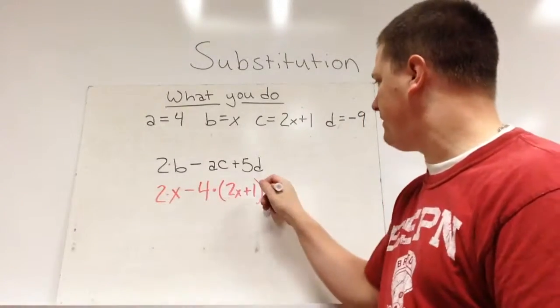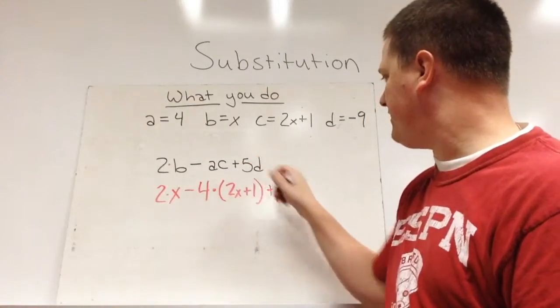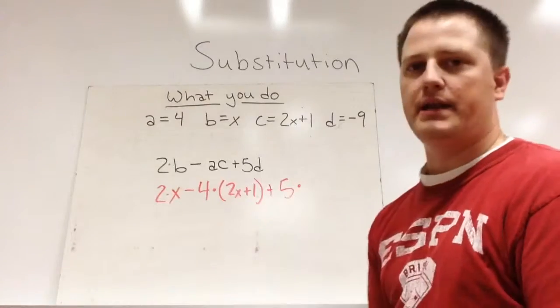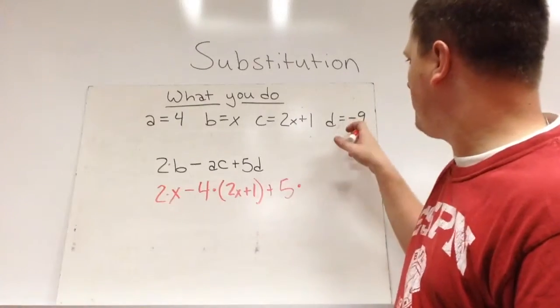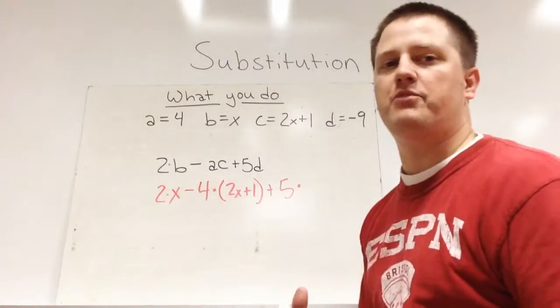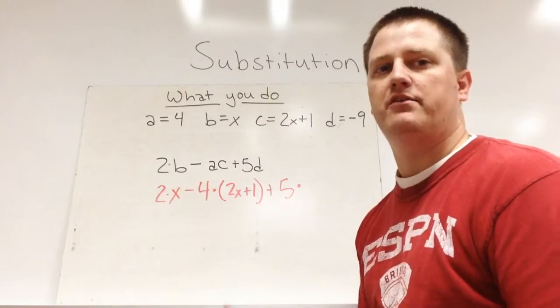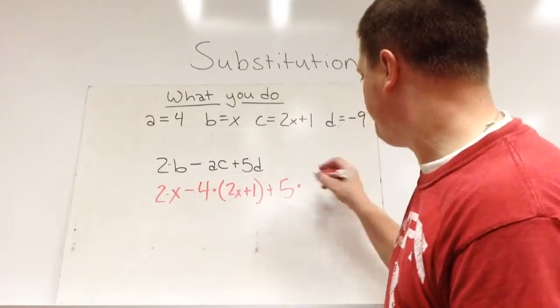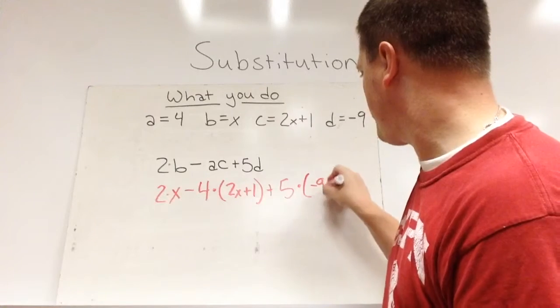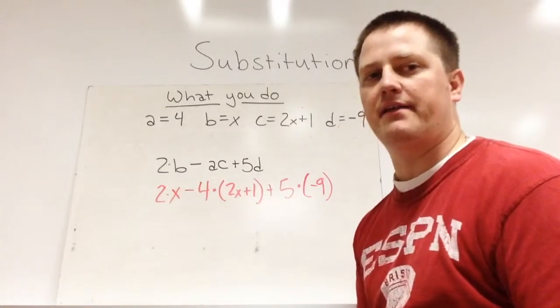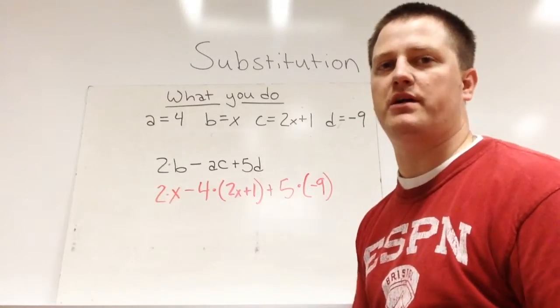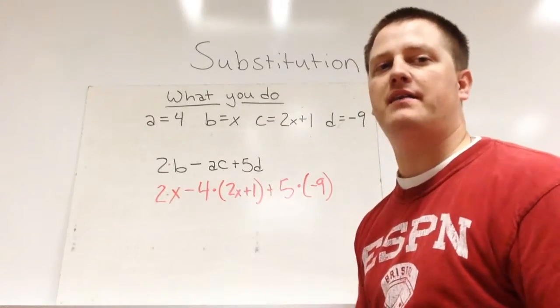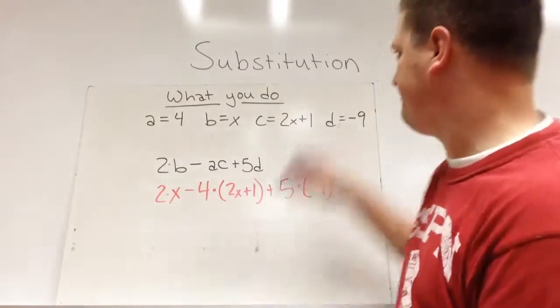And then we've got plus 5 next to d, so we need a times sign in there. And we're going to put in negative 9. A lot of times a good thing with negative numbers is to put parentheses around them. You don't have to with all negative numbers, but there are certain cases where it's important. Okay, now let's actually substitute and do the math.